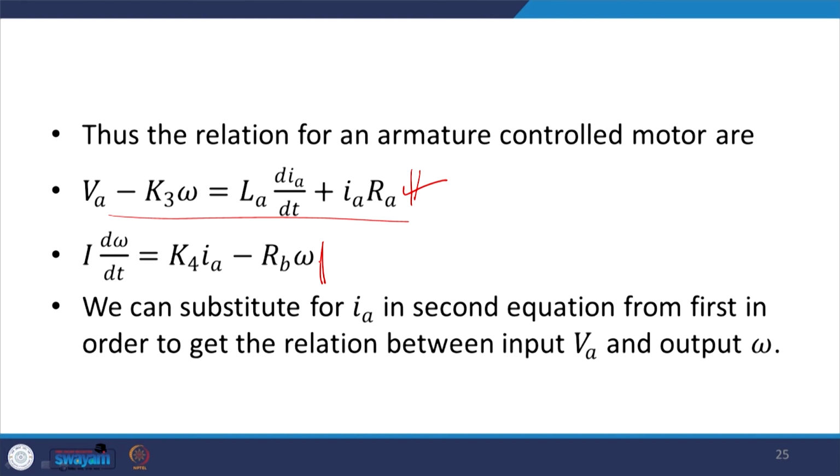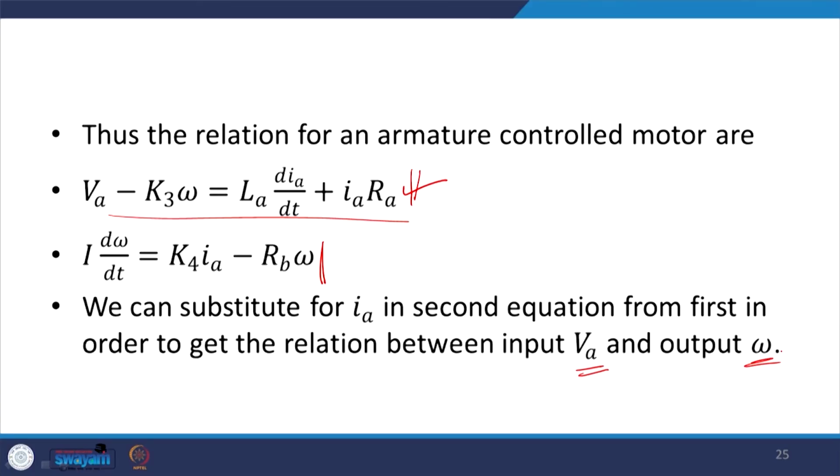So, here we can substitute for Ia in the second equation from the first in order to get the relationship between the input voltage VA and the output omega. So, these two equations we can use to get the relationship between our forcing function, which is the input voltage VA, and the output omega of the motor.